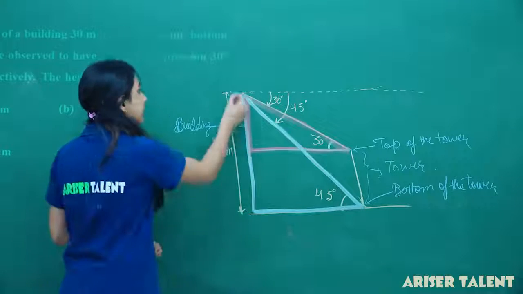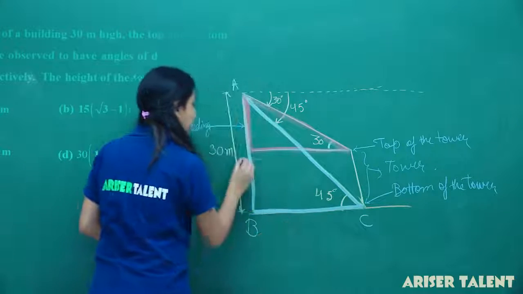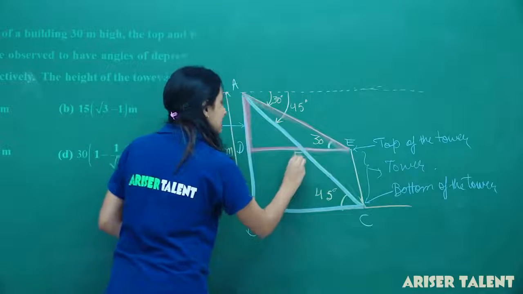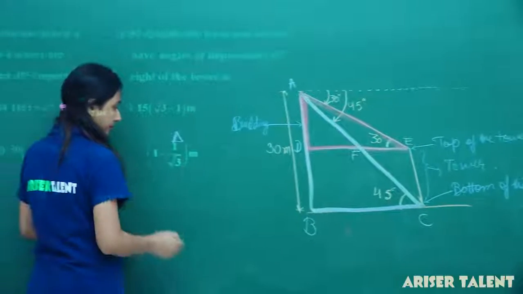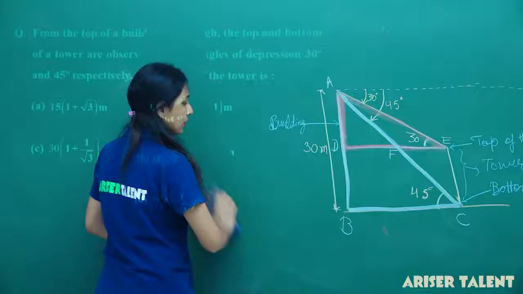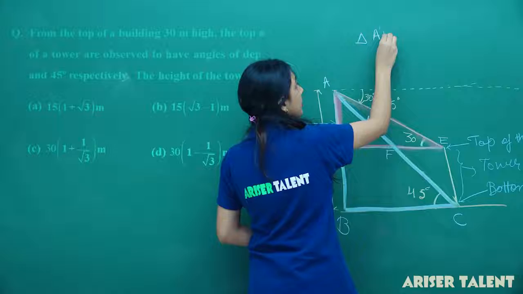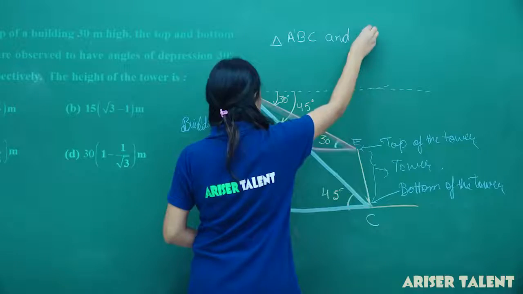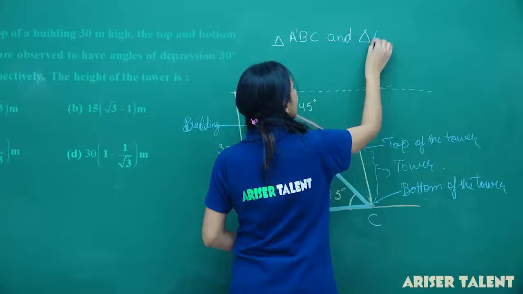Now, if I mark this A, B, C, D, E, and let's mark it F. So, I have triangle ABC and triangle ADE.